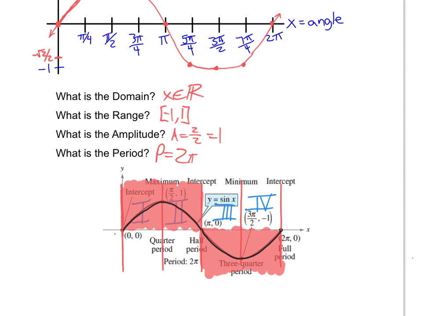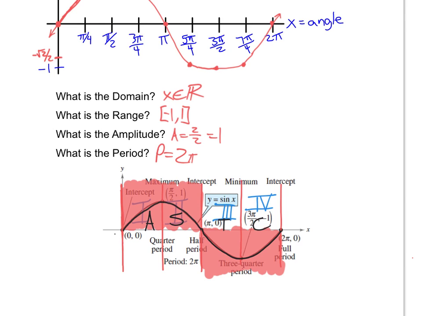Alright, so, guys, this confirms what we saw about all students take calculus, alright? Sine is only going to be positive in that first and second quadrant, and we can see that right here in the graph, okay? Why is tangent not positive in the second?